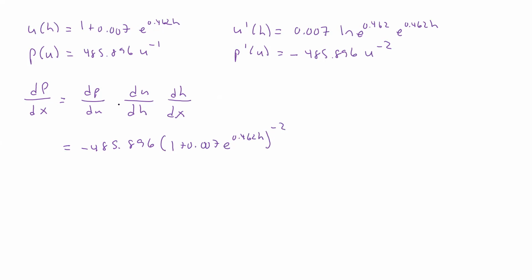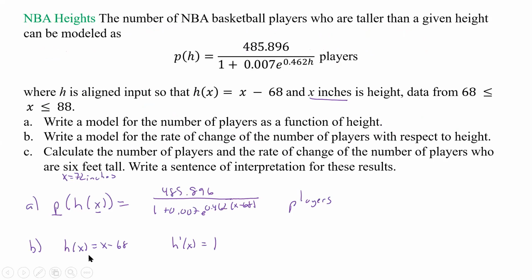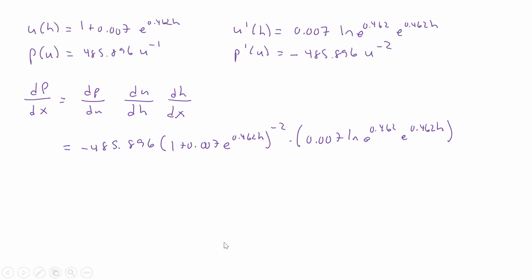That is my dP/du. Then I multiply that times du/dh, which is 0.007 ln(e^0.462) e^(0.462h). And then dh/dx, which we had over here, is just equal to 1.